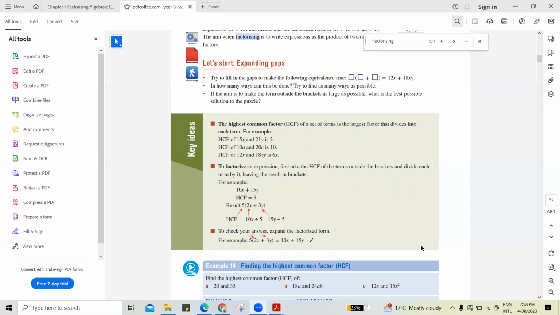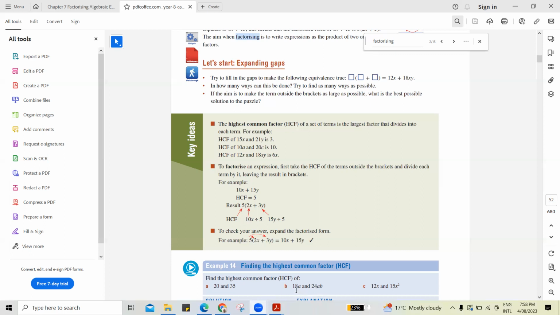What is the next number you try? 3. Yes, it can be. Try 4. No, 18 can't. 5 can't. 6. 6, yeah. 18 divided by 6 is 3, 24 divided by 6 is 4.